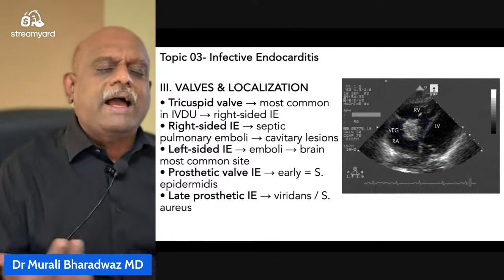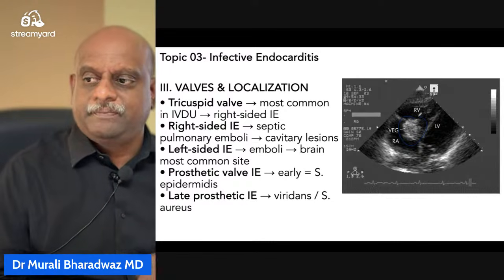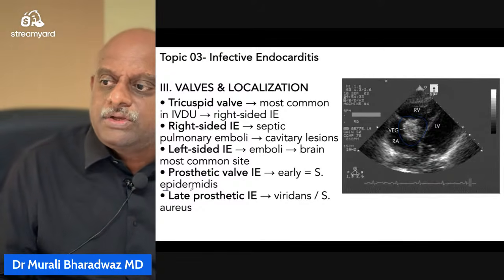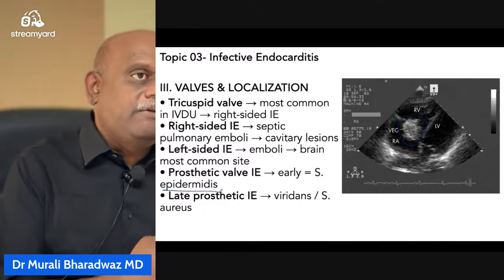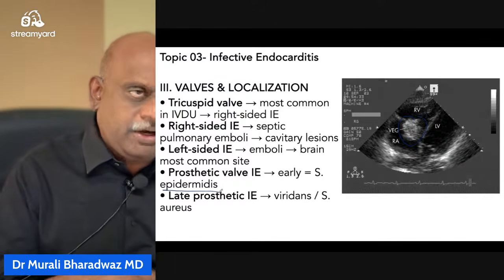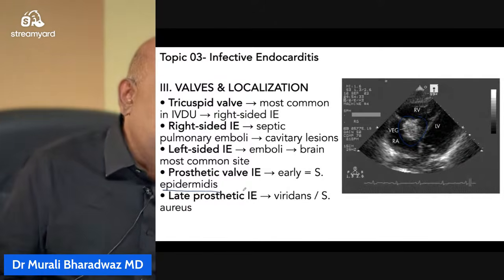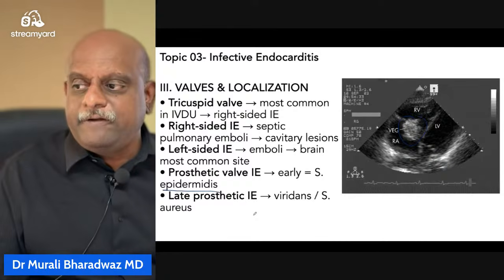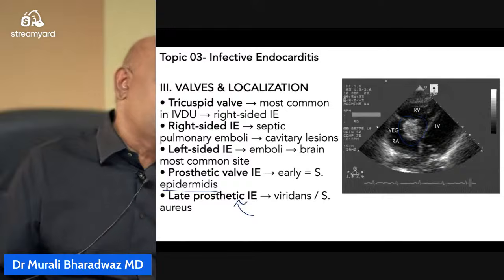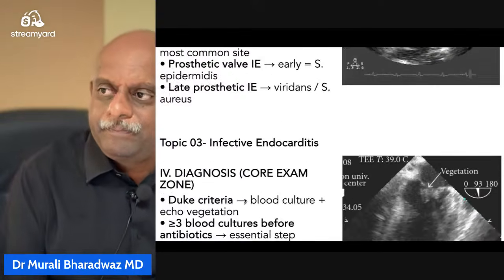So that is prosthetic valve infective endocarditis. Early stage, the most common organism is Staph epidermidis. That means after valve replacement, in the first 6 weeks, if there is infective endocarditis, then it is Staph epidermidis. Late prosthetic infective endocarditis is because of viridans and Staph aureus. That is what you need to remember.